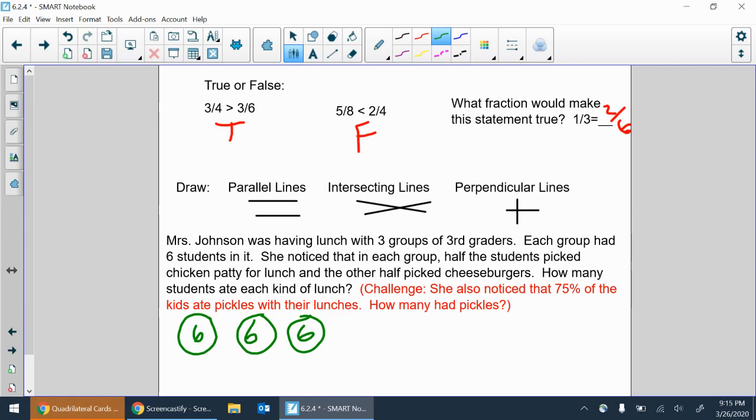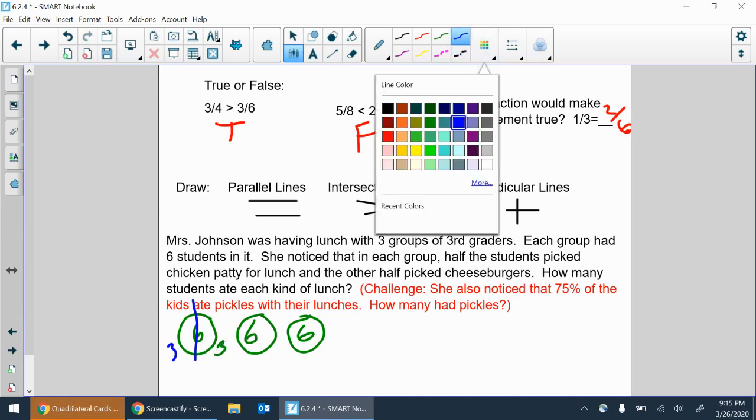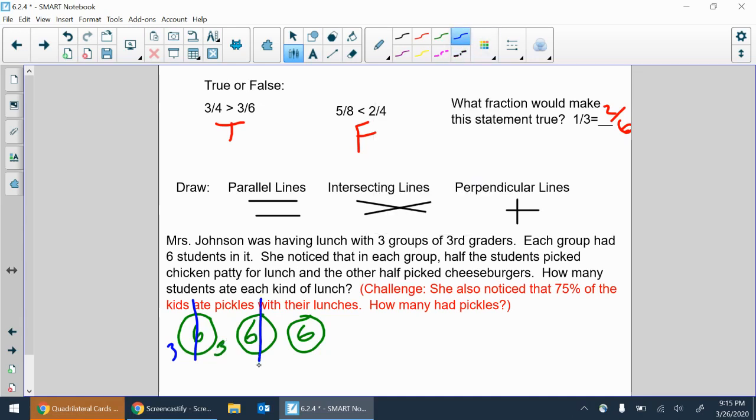She noticed that in each group, half of the students, so this half right here, 3, had chicken patty, and then the other half, these 3, had cheeseburgers. So I'm going to go through and I'm going to split each one. So now it's 3s and 3s.